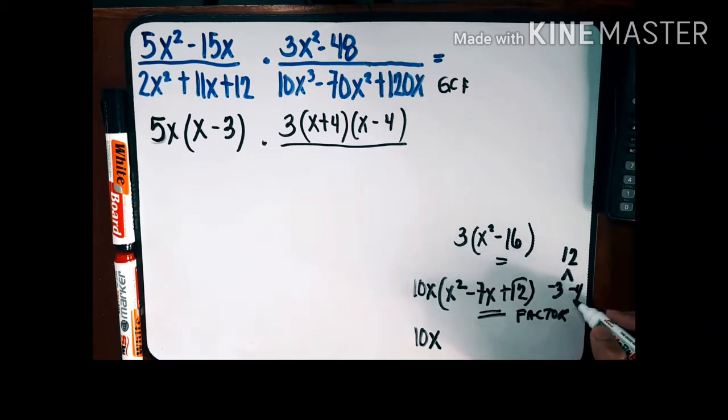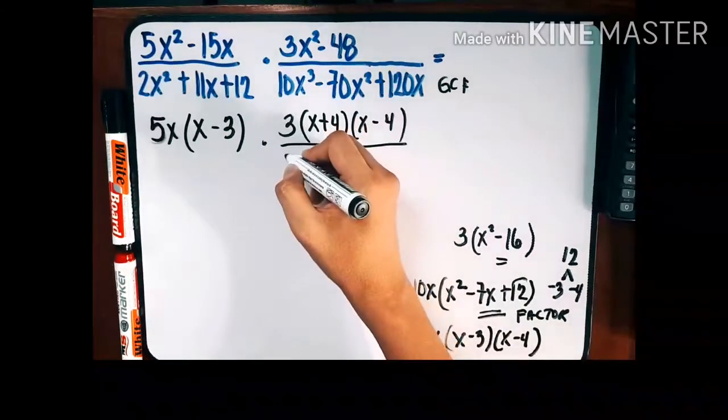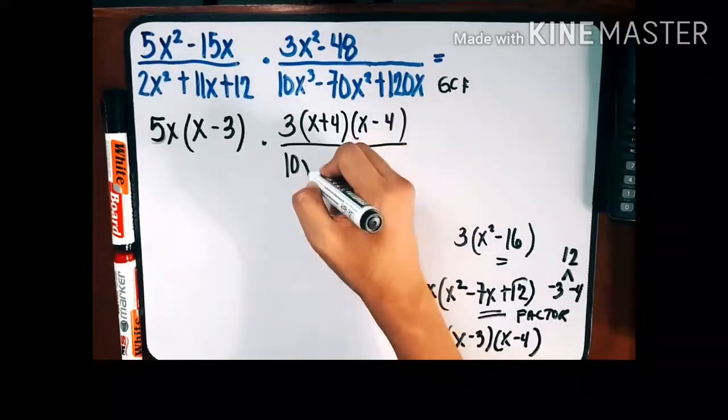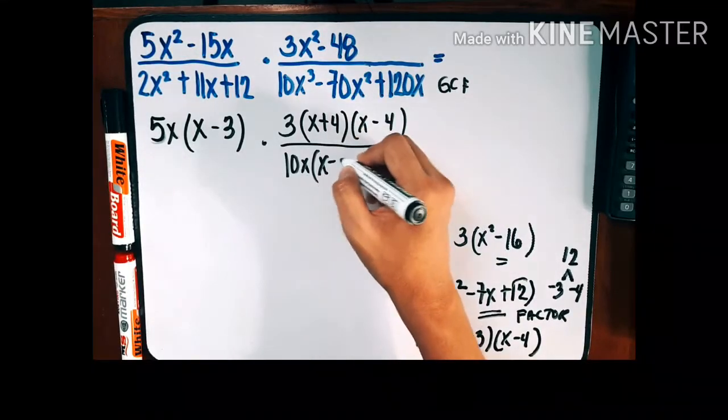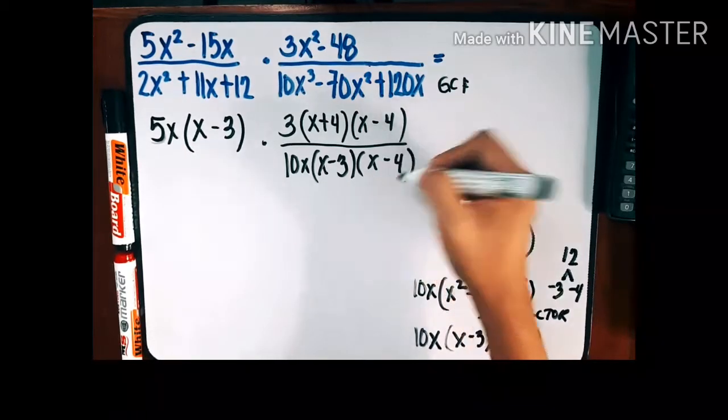Since negative 3 multiplied by negative 4 is positive 12, and negative 3 plus negative 4 is negative 7. So, it would be x minus 3 and x minus 4. So, lagay na natin. 10x multiplied by x minus 3 and x minus 4.